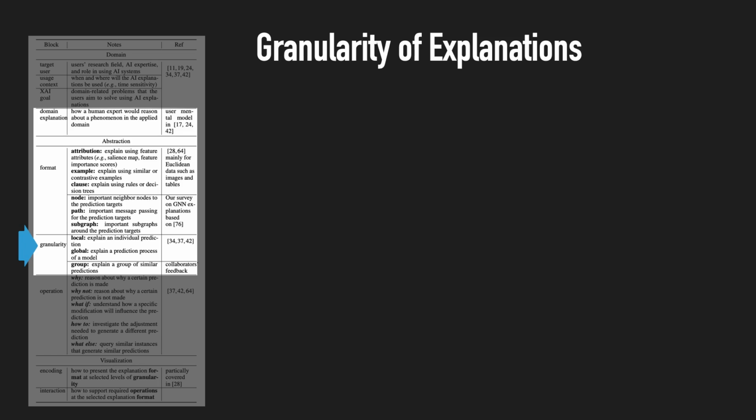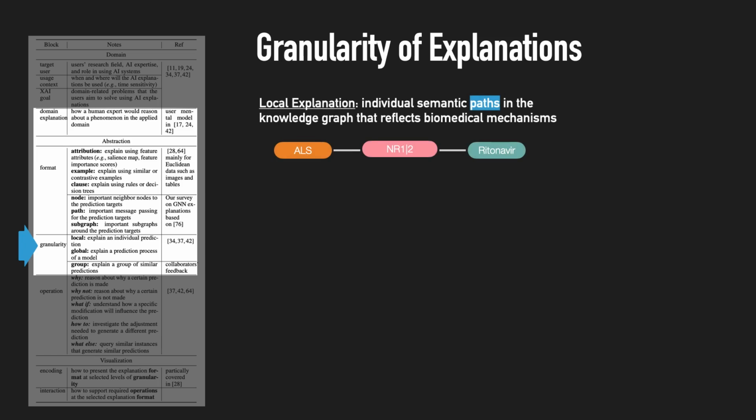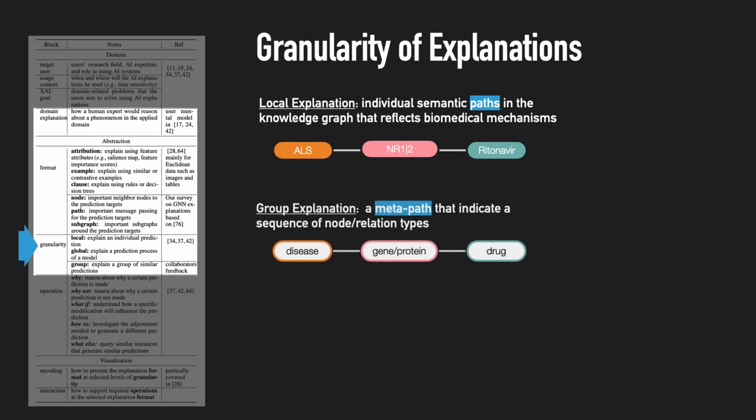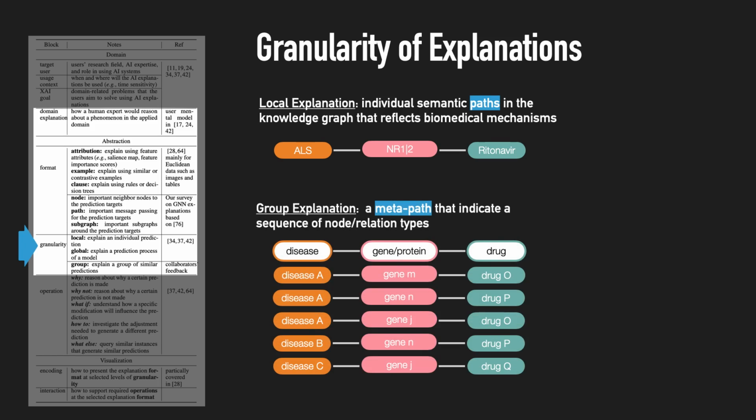In terms of the granularity of explanations, users desire not only local explanations, that is, individual paths that explain a certain drug prediction, but also group explanations that can explain multiple similar drug predictions. We use metapaths as a group explanation, which consists of a sequence of node types and relation types.